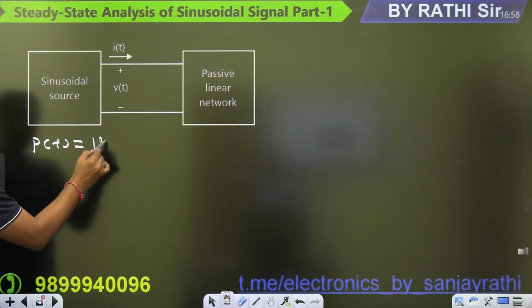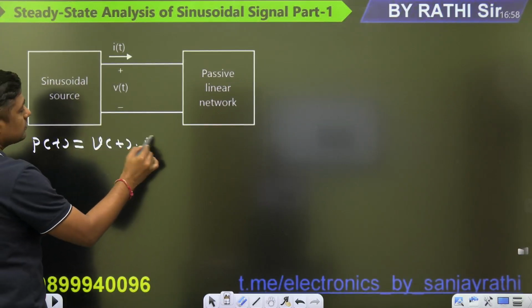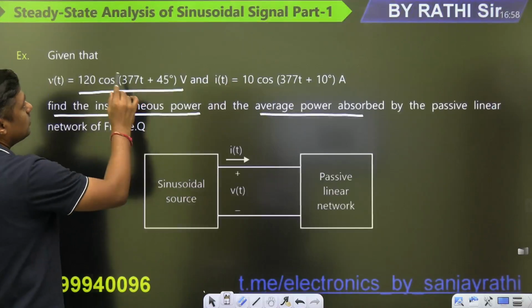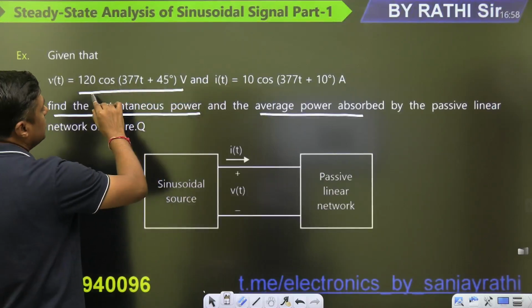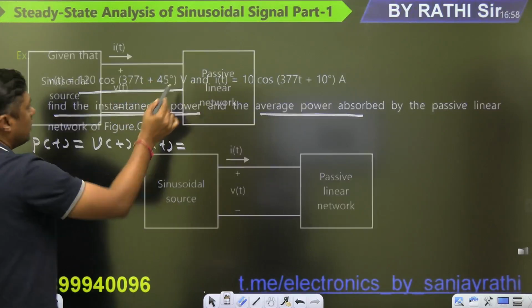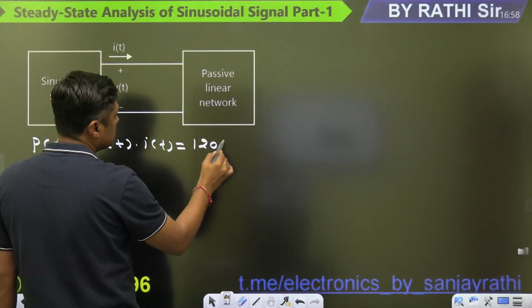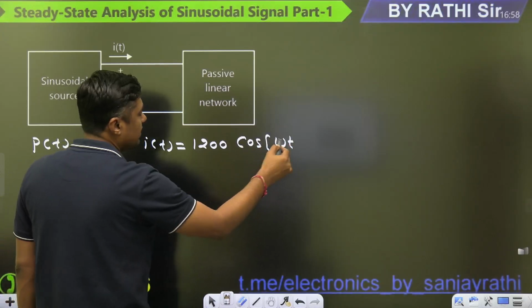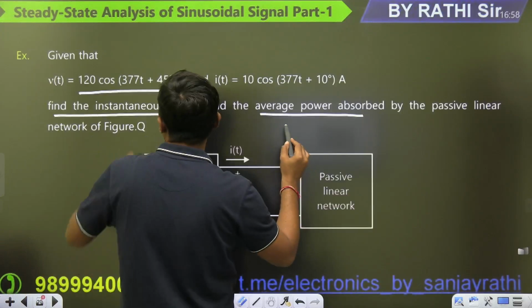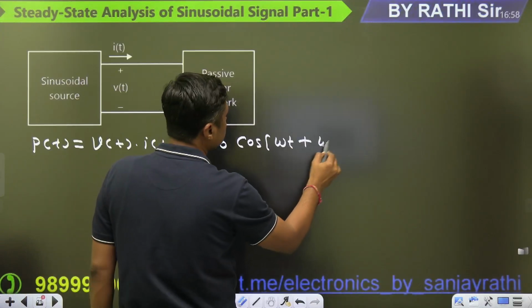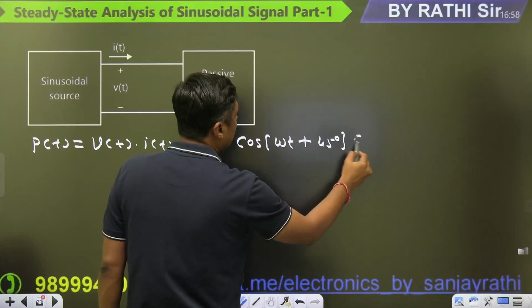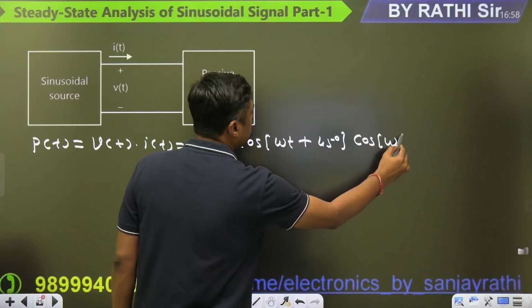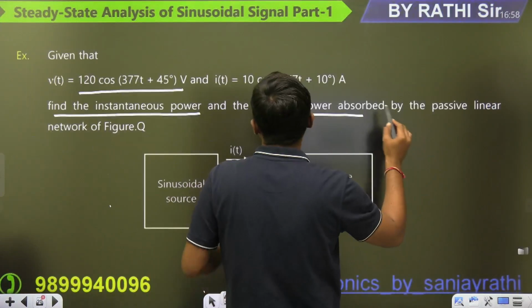This is v(t) into i(t). Directly you have to multiply these two signals. 120 into 10 becomes 1200 cos of (omega t, 377 is the omega, plus 45) cos of (omega t plus 10).